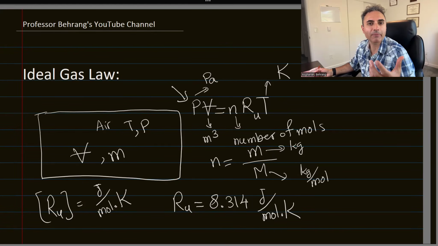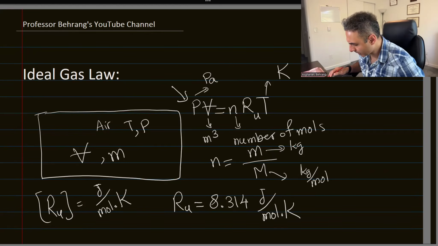If gauge pressure is somehow given, you have to find the absolute pressure, which would be the pressure in the tank in this case, and then put it in ideal gas law. And you have to use absolute temperature, which is Kelvin. Do not use Celsius. If you have Celsius, you have to convert it to Kelvin and then use it. You never, ever use gauge pressure in ideal gas law. Always the absolute pressure.